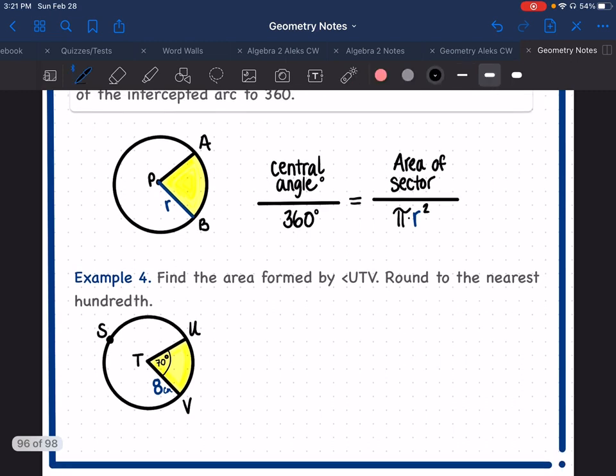So here is our example, and we're going to start plugging it in. My central angle would be the 70 degrees, and of course 360 stays 360.